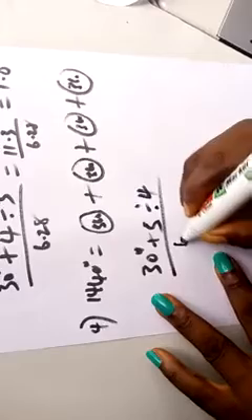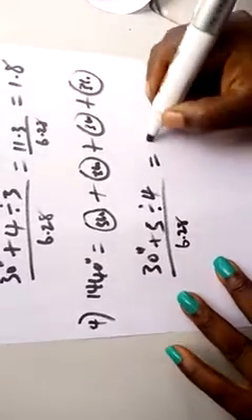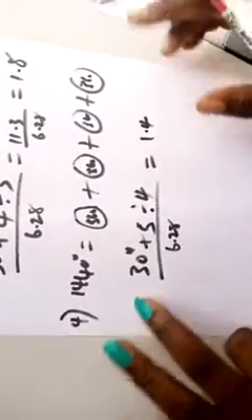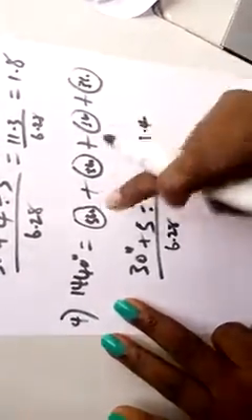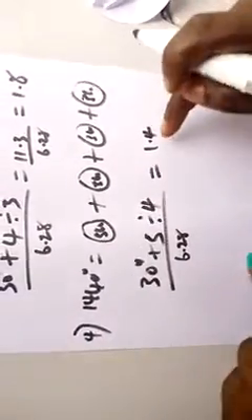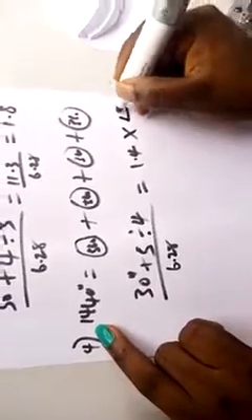Divide everything by 6.28. By the time you do your division, you are going to have 1.4. That is what you are going to cut, in 4 different places. This 1.4, 1.4, 1.4, you are going to cut it in 4 places.